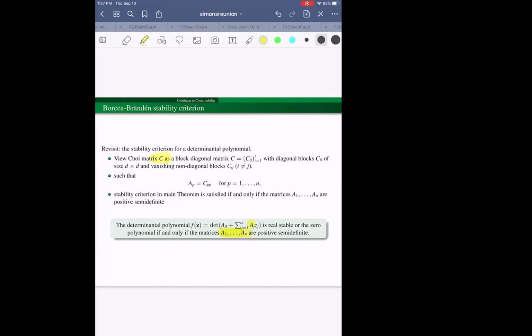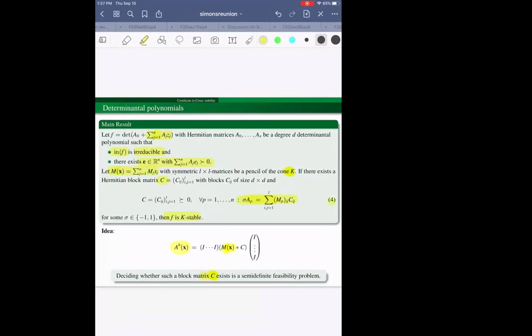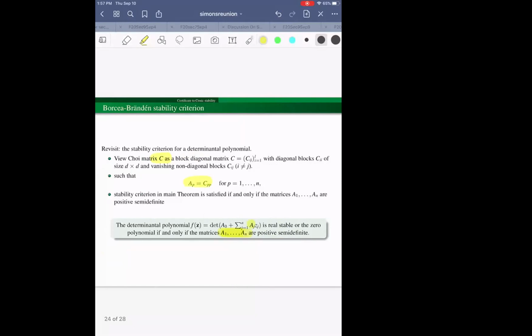Then the condition here gives us this condition, which says that each coefficient matrix A_j has to be positive semi-definite.